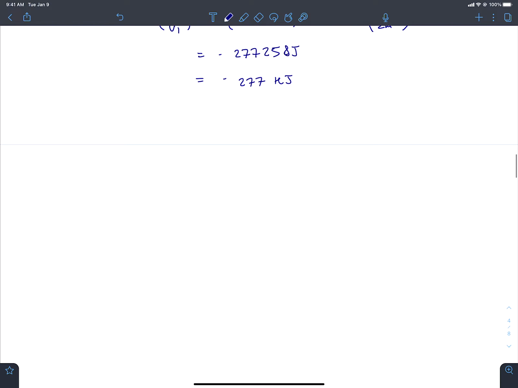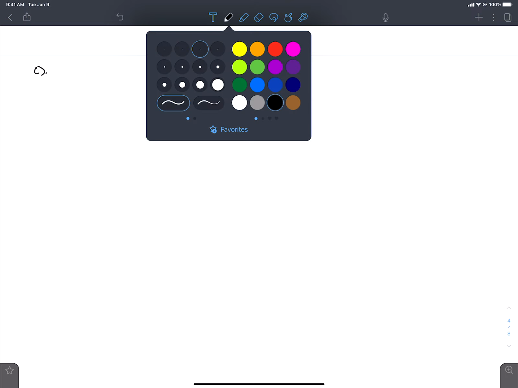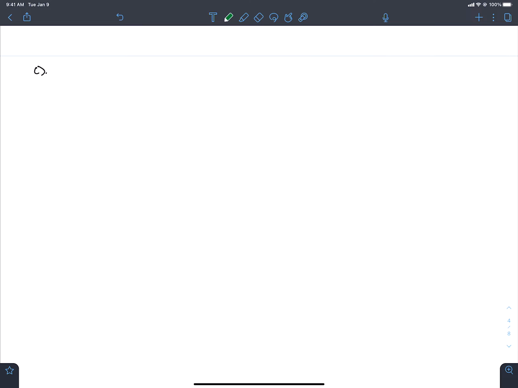Okay, so continuing on, now part C. For part C, we're going to use the energy balance equation.